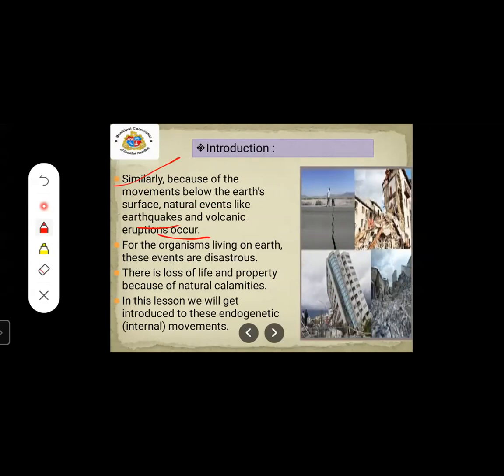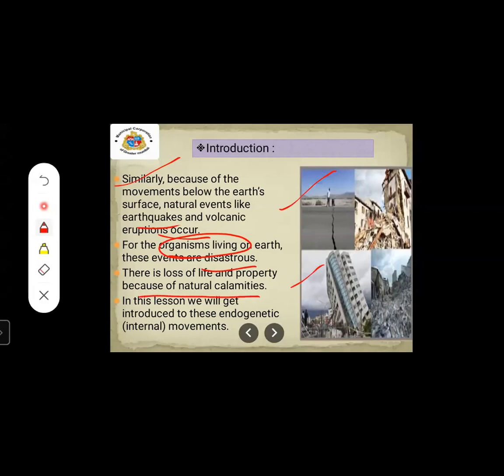These natural events affect all the living organisms, and the events are very dangerous, which you can see on your screen in the images. You can see the road is being cracked into parts. The buildings are being collapsed. There is a very huge loss of property due to these natural events. There is a loss of life and property because of the natural calamities.